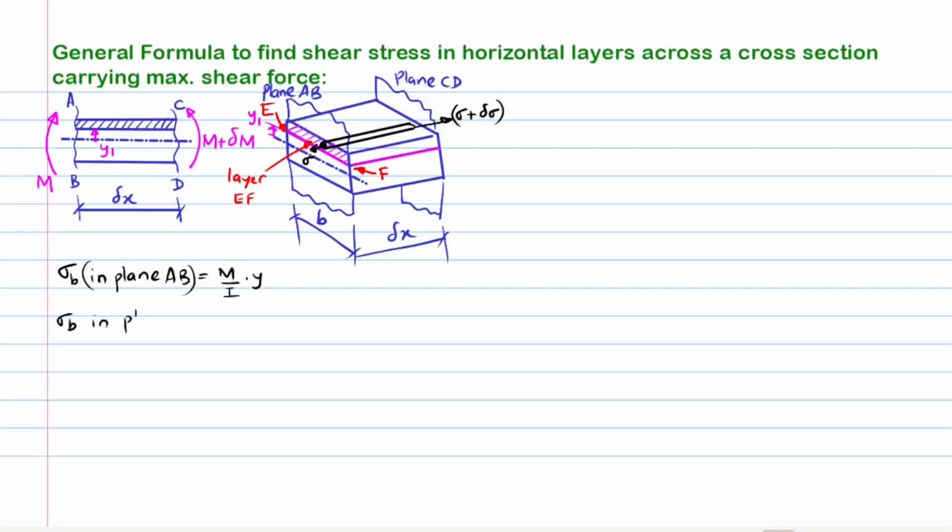Similarly, the bending stress for the elemental cylinder at section CD is given by M plus del M over I times y.